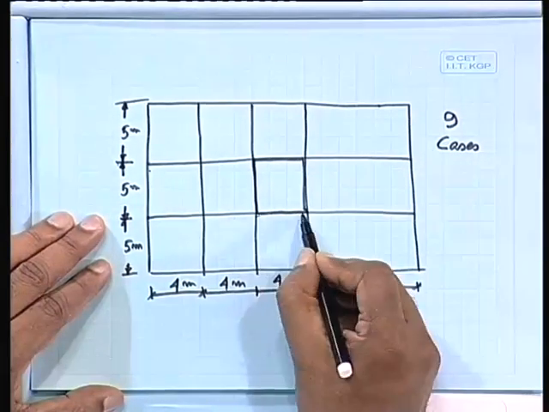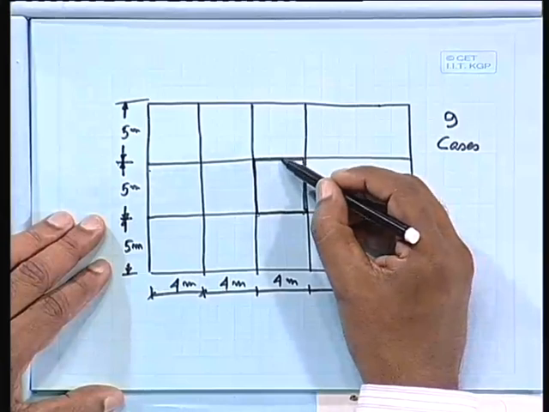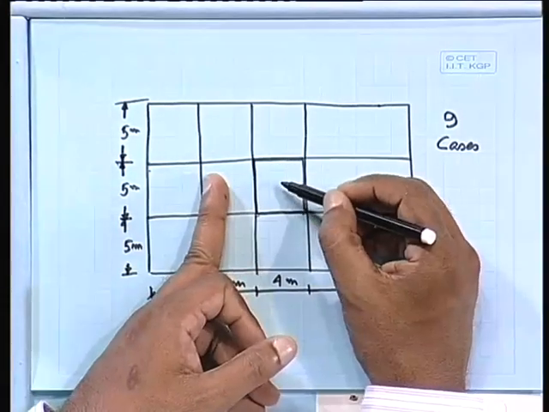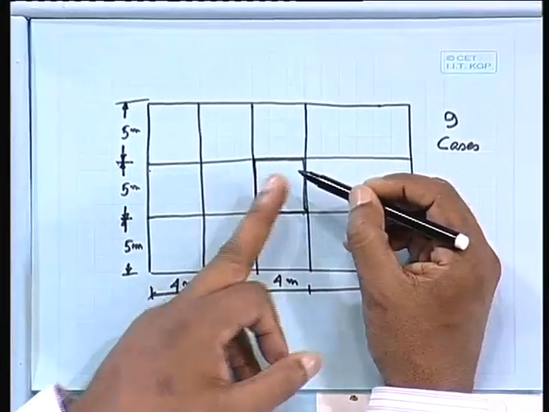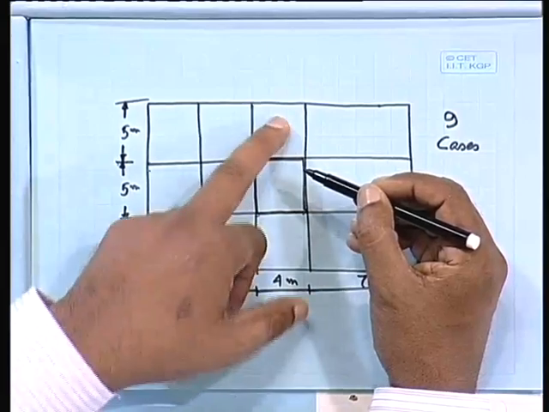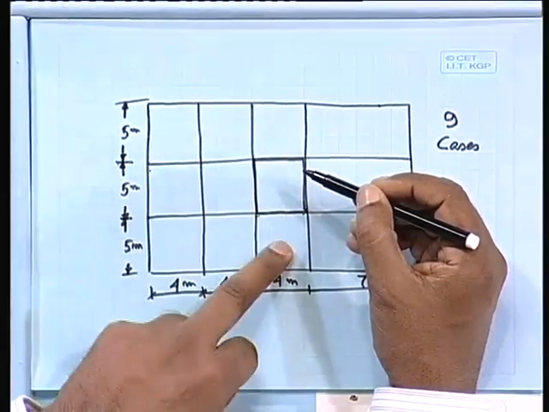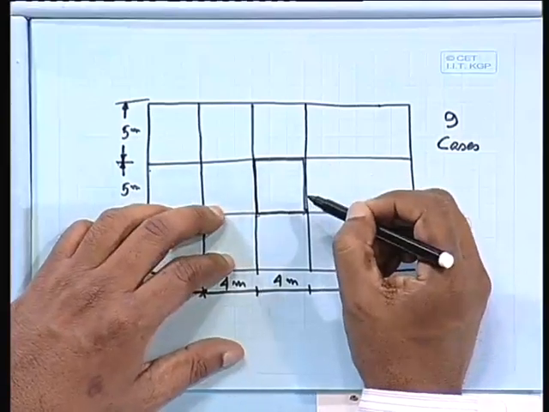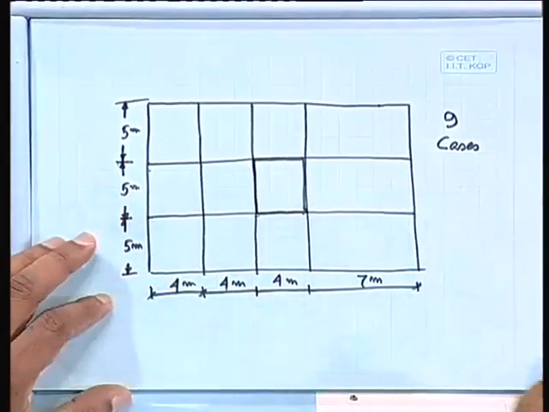Now if we take this case, on the left side of this panel you have another slab, this side also another slab, and this side also, so all sides are continuous.